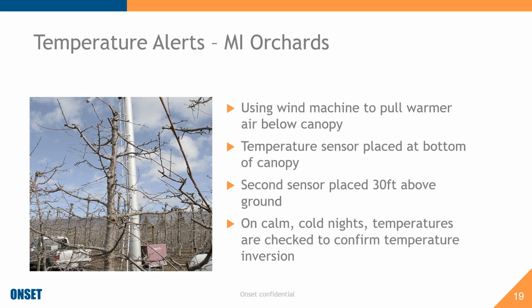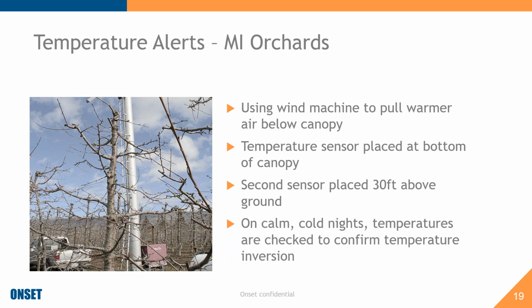Now moving away from irrigation to the use of wind machines, you're really looking for the same concept and setting up the alarms based off of whatever temperature you're looking to start the mitigation practice at.